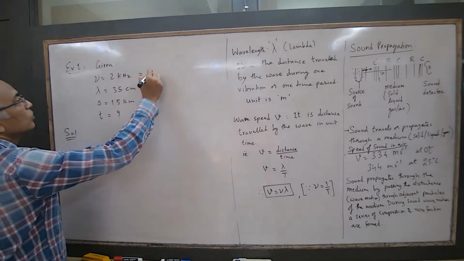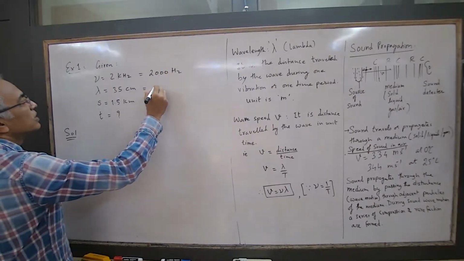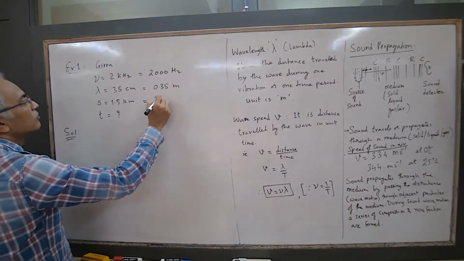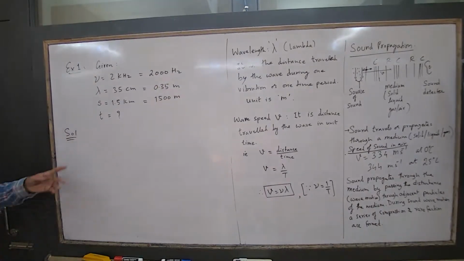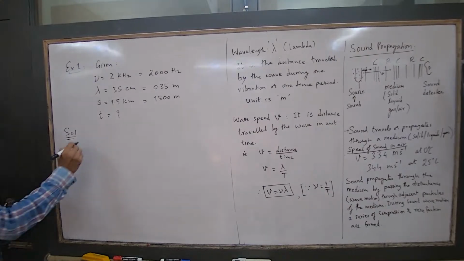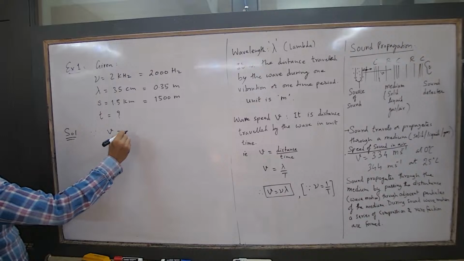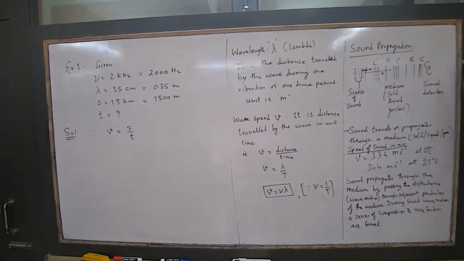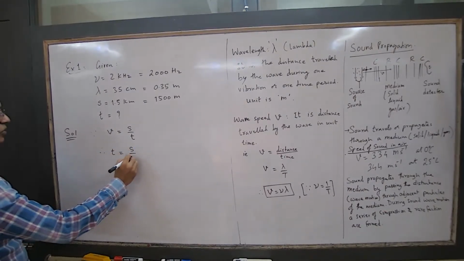So this you can write as 2000 hertz. Convert everything in SI unit: 0.45 meter. This is 1500 meter. Okay, 1.5 kilometer is 1500 meter. So since v is equal to s upon t, distance upon time, therefore time is equal to s upon v.